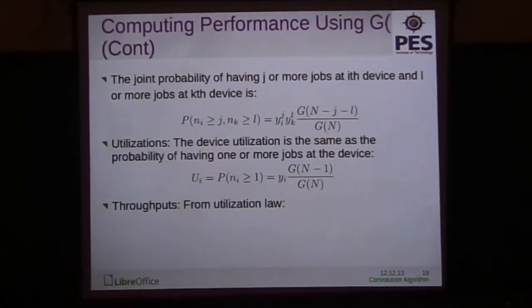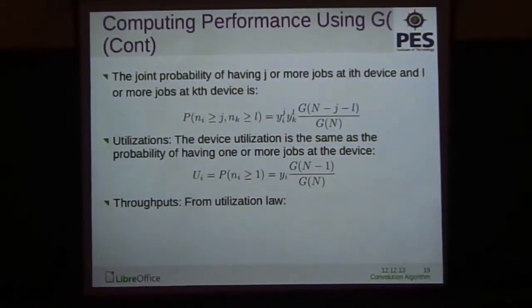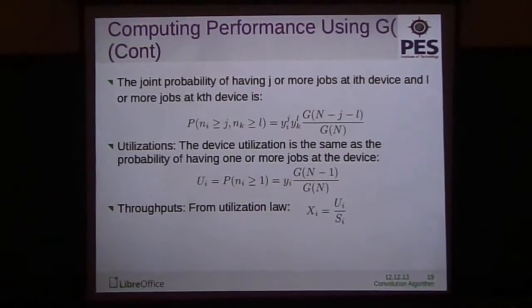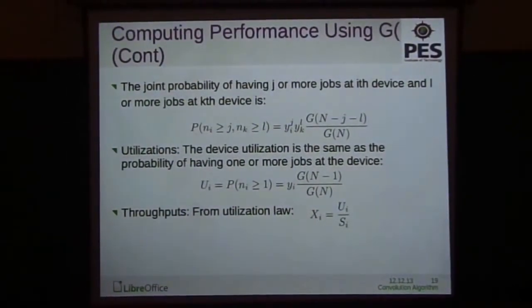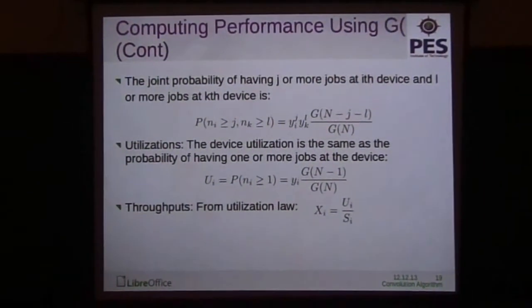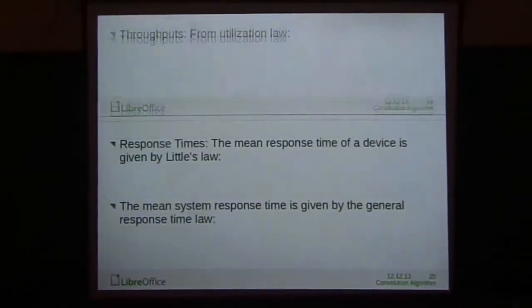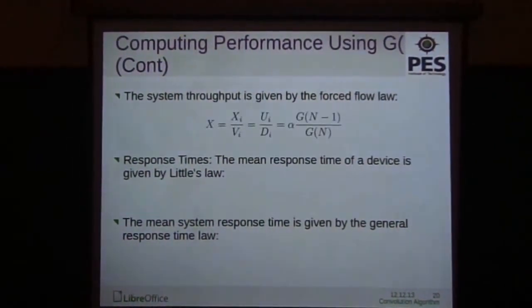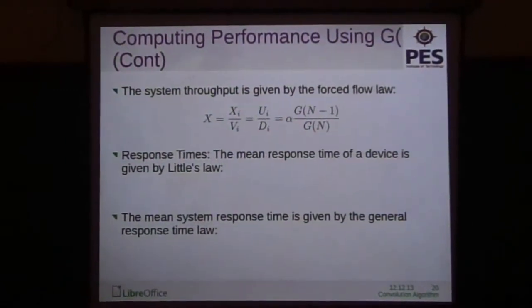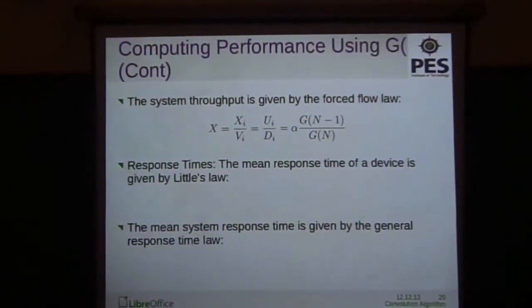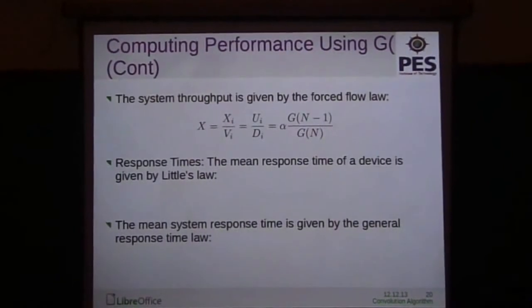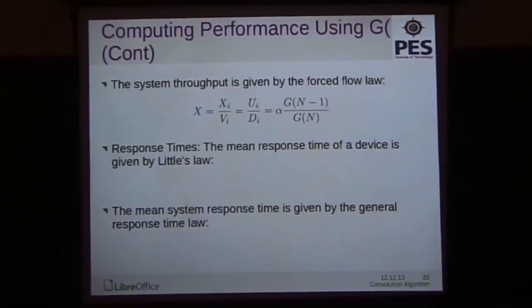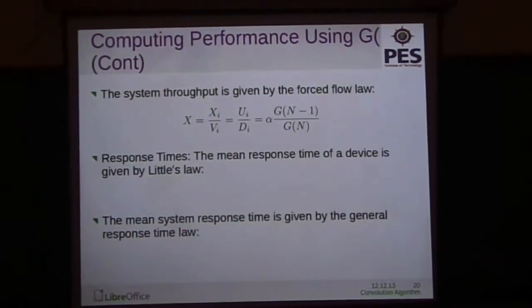g of n. And the throughput will be given, from the utilization law, by xi equals ui by si. The system throughput is given by the forced flow law, that is x equals xi by vi equals ui by di equals alpha into g of n minus 1 by gn.